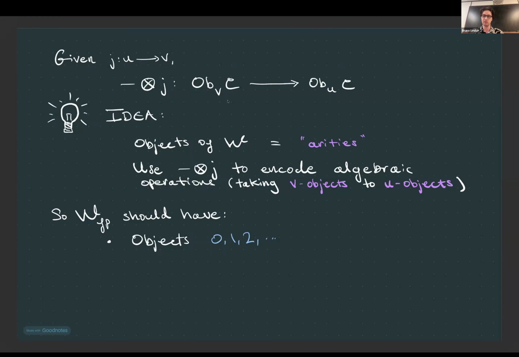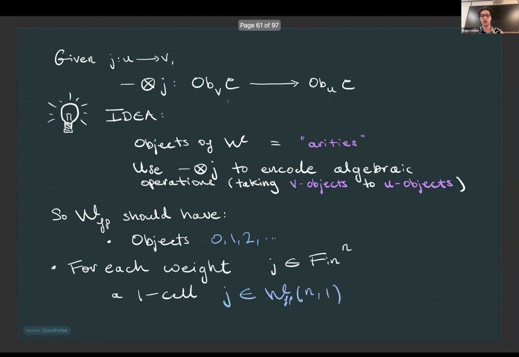I'll say something about that later, but let's just say that they are. And then for each weight for finite products, we certainly want to have a one cell in the space of enrichment going from n to 1, because then tensoring by that is hopefully going to allow us to take some collection of n things and produce one thing that has the universal property of being the weighted product.